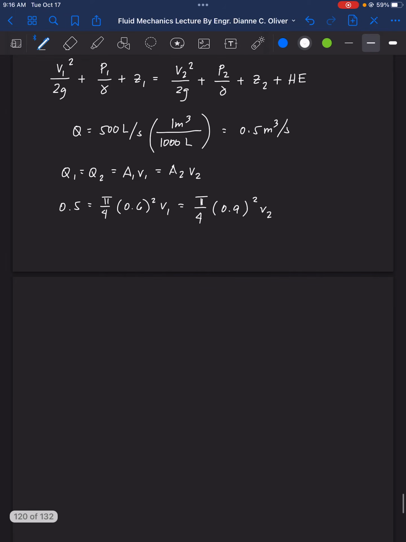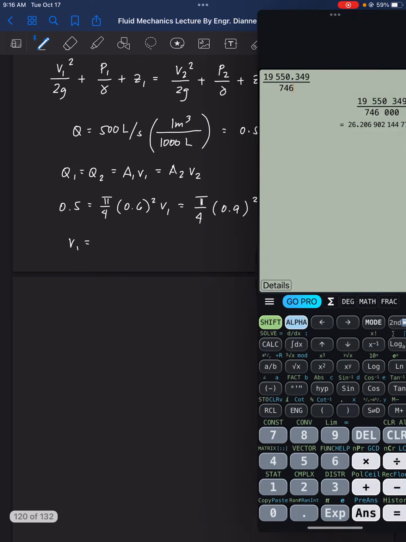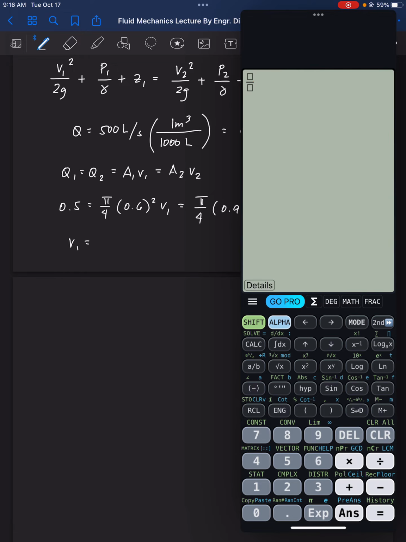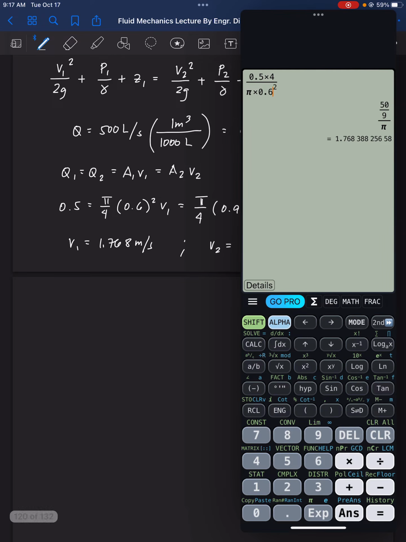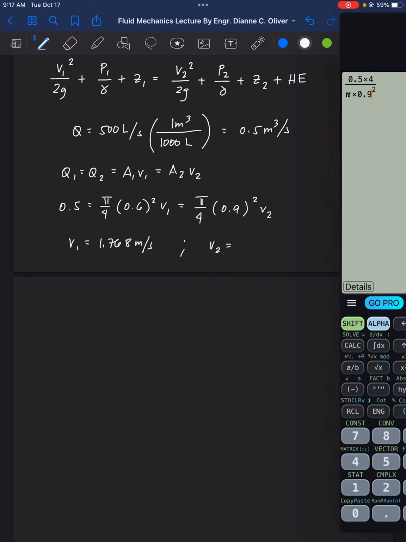We can now get the values for V1 and V2. V1 first. Our V1 is 0.5 times 4 all over pi times 0.6 squared, which is 1.768 meter per second. While V2 is 0.786 meter per second.